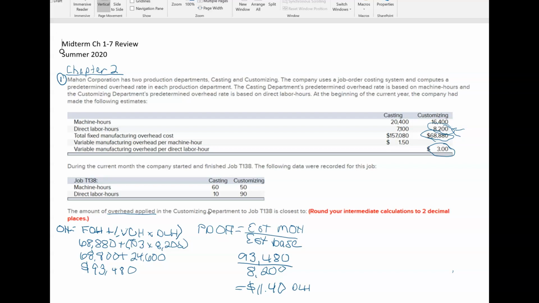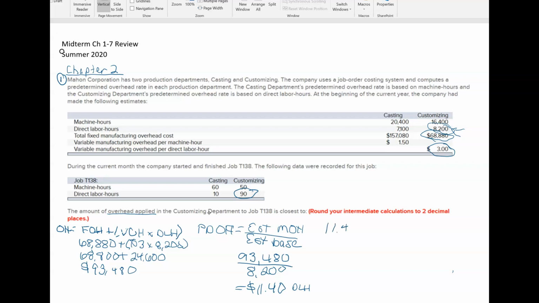Now we need to calculate the overhead that's applied. Now that we know it's $11.40 per direct labor hour, we're going to multiply that by how many hours were used for this job. For this job, 90 hours were used.